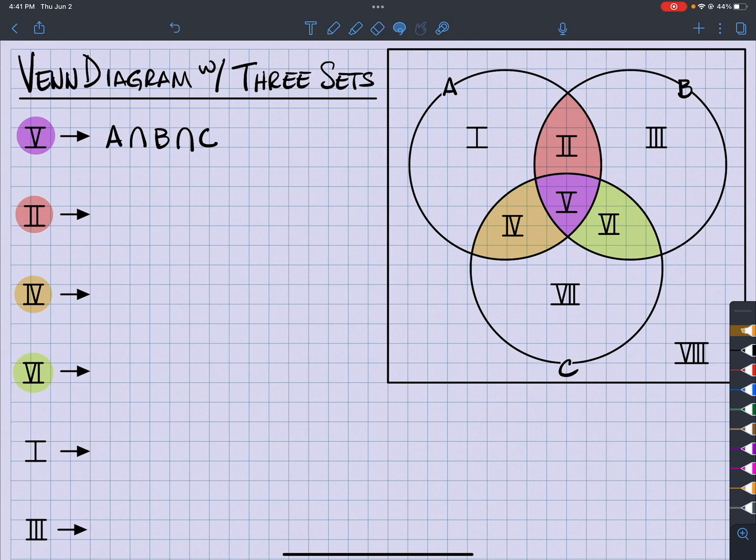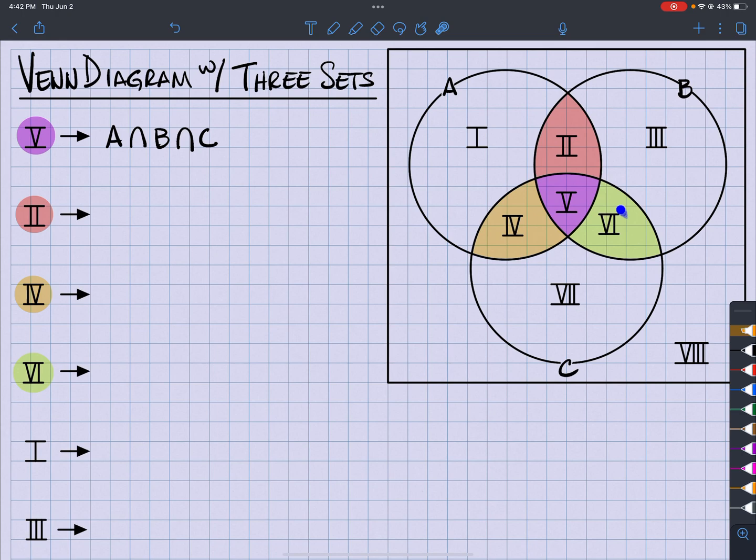So let's talk about region 2. If I had to write it out in words or speak it, I would say region 2 is both A and B. So this is where the A and B are, but take away the C part of it.